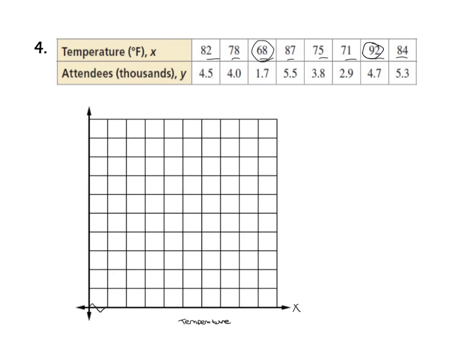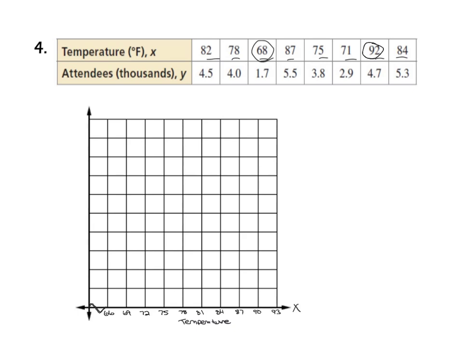So there are 9 more boxes besides the one that I skipped, and 68 and 92 are 24 apart. So I think I could count by 3s. So I'll start at 66, 69, 72, 75, 78, 81, 84, 87, 90, 93.